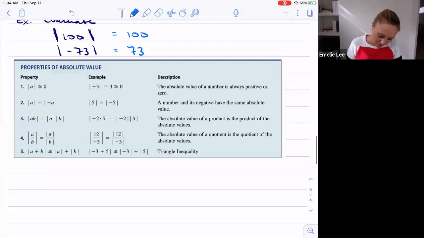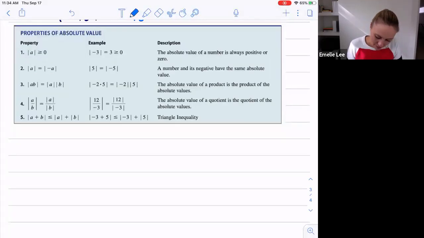So if you just consider, well, I guess they've got this example here. All we can say is that the absolute value of A plus B is going to be less than or equal to. There are some very rare cases where it's going to maybe be equal to, but mostly it's going to be less than the absolute value of A plus the absolute value of B. So if we think about -3 plus 5, well, -3 plus 5 puts me at 2.